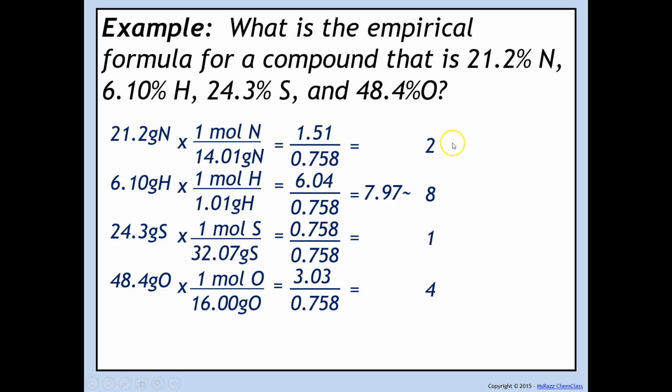So if you notice, all of these are whole numbers. That means that these are the subscripts in the formula. So I'm going to have 2 nitrogens because you can see it's 2 for the nitrogen. It's 8 hydrogens. You can see the 8. It's 1 sulfur and 4 oxygen, based off of what we see in our calculations.